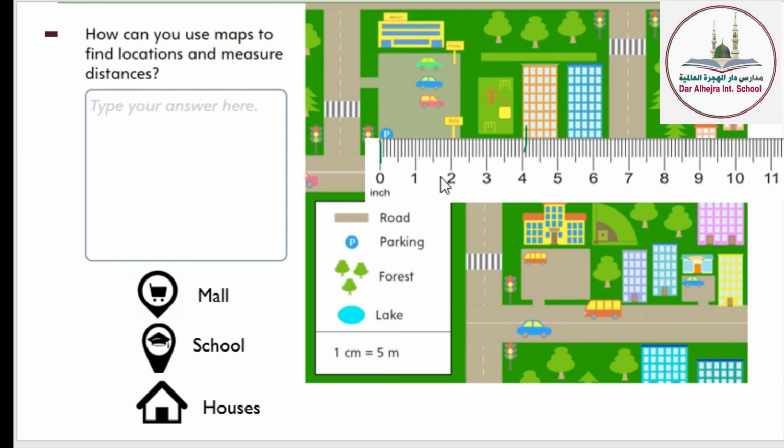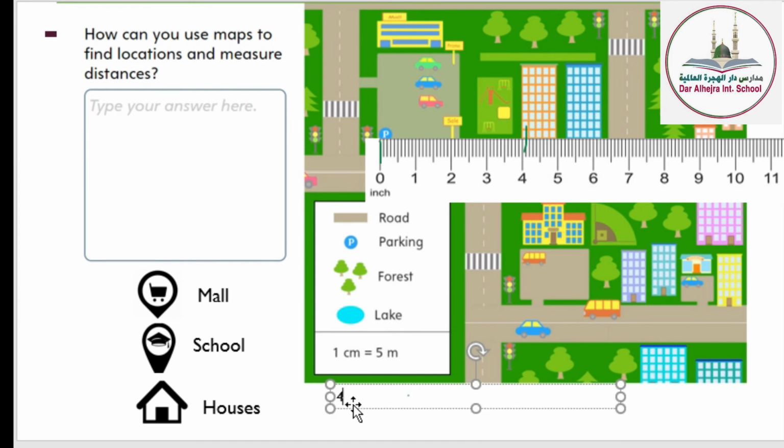The distance is 4 centimeters in the map, and each centimeter is equal to 5 meters. So let's count them: 5 plus 5 plus 5 plus 5, 4 times, because we have 4 centimeters and each one equals 5 meters, equals 20 meters. So the distance between the parking lot and the forest is 20 meters.